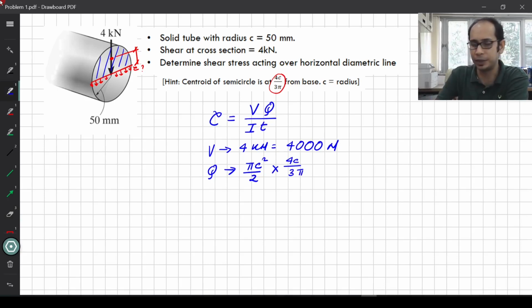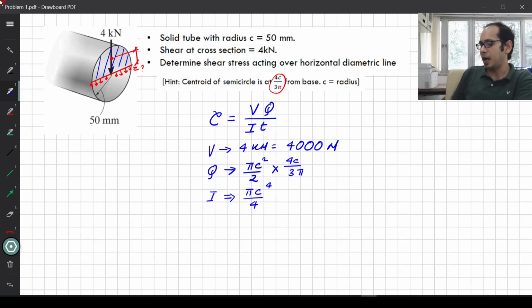We have calculated that. Now I is for that entire cross section. Always remember, I is always for the entire cross section. For the circular cross section, I is pi c raised to 4 divided by 4, in terms of the radius.